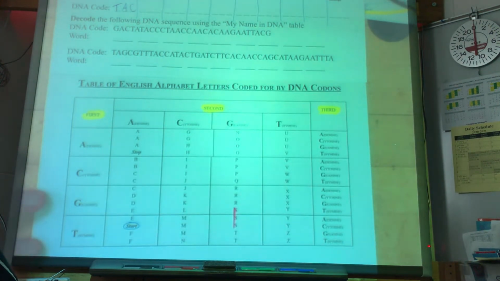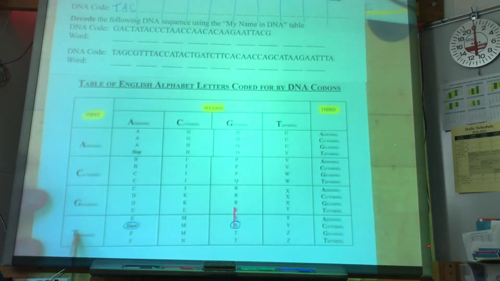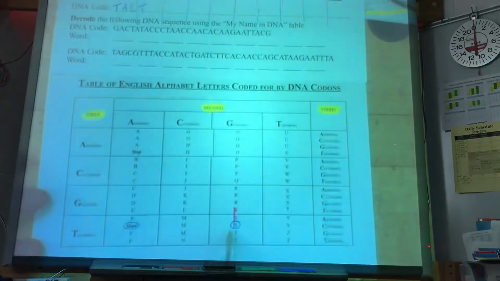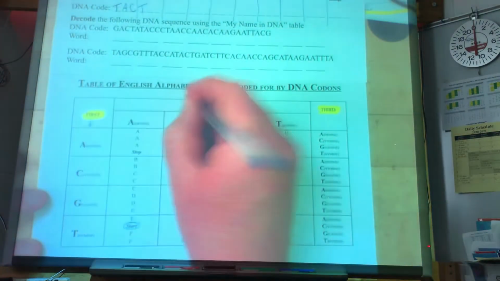So we have 3 different options for an S. It doesn't matter which one, pick one. I'm going to pick the bottom. So Mr. DeBoer is choosing the bottom S. You could use the other ones if you wanted to, but let's all look at that one. If we are coding for that bottom S, what is the first letter of our 3-letter sequence? T, because it's in that box, you chase that over to the left, and that's a T. Then you look up for the second.